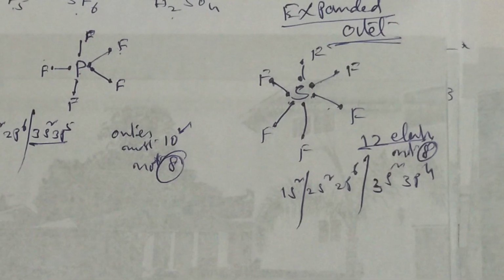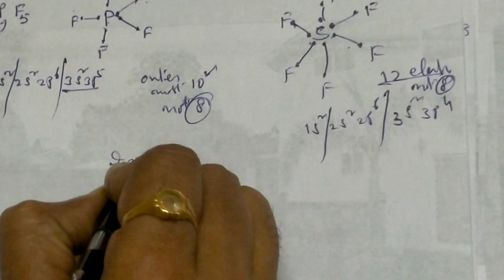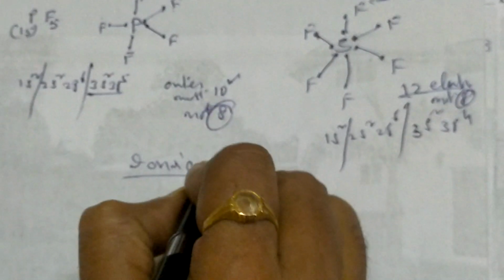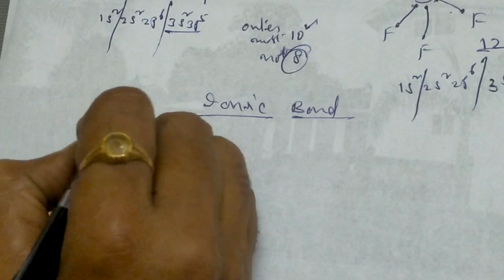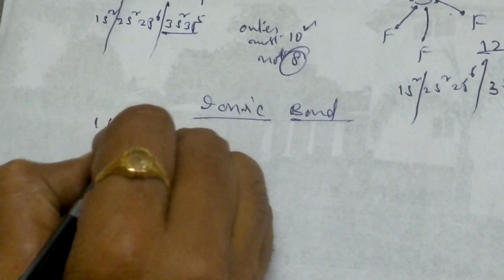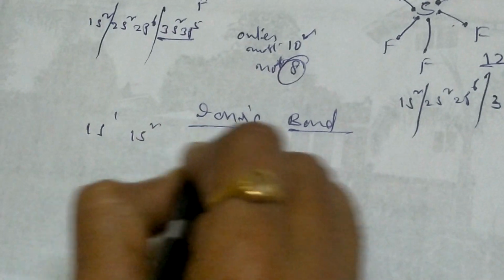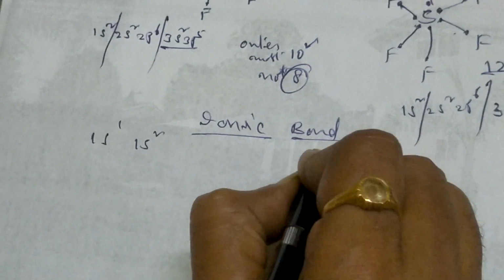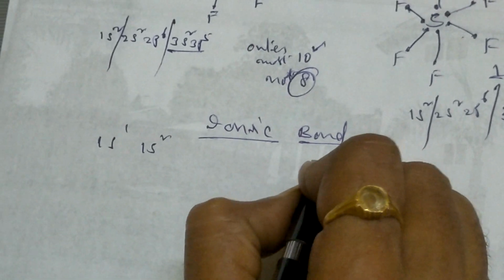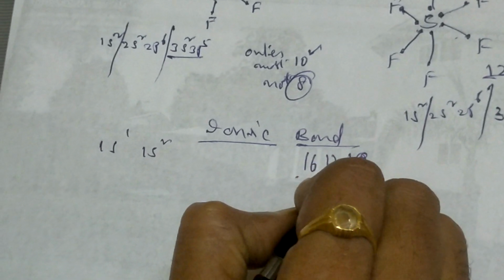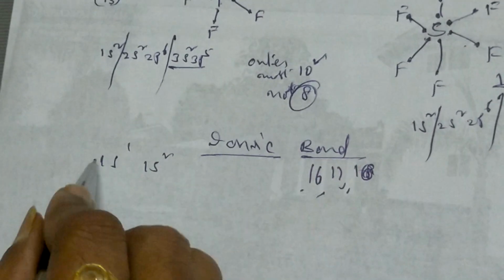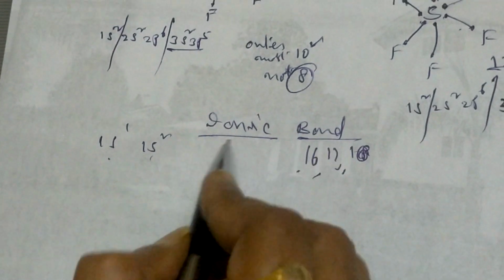Similarly, now in the ionic character, what is the minimum required for the ionic bond? Ionic bonds normally form between group 1 and group 2, that is s1 and s2 elements, and groups 16 and 17. Not 17 and 18, it is 16 and 17: the oxygen family and the halogens. If both of these are forming a bond, that is normal.